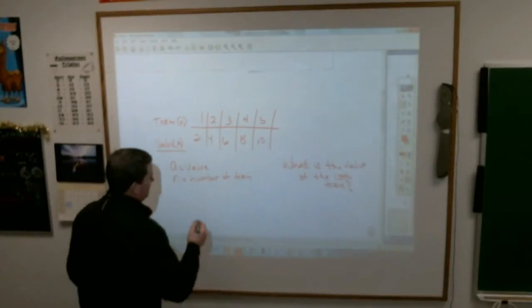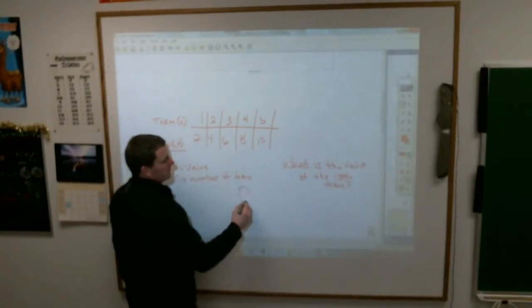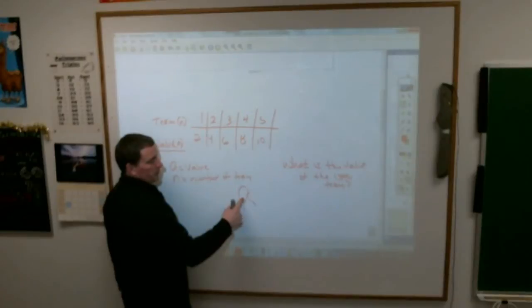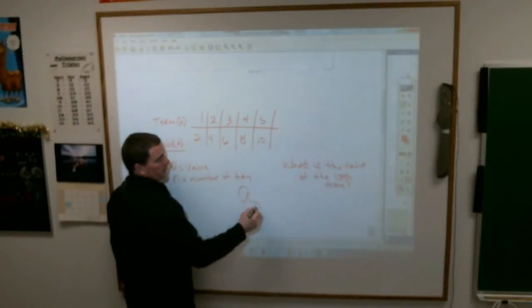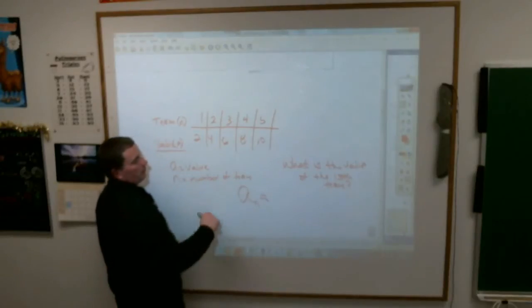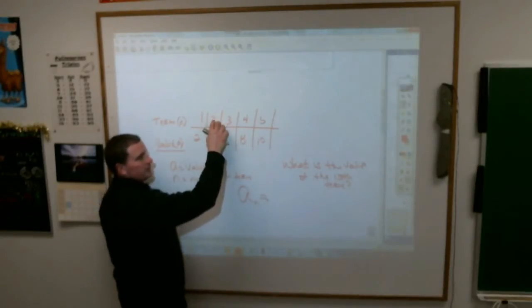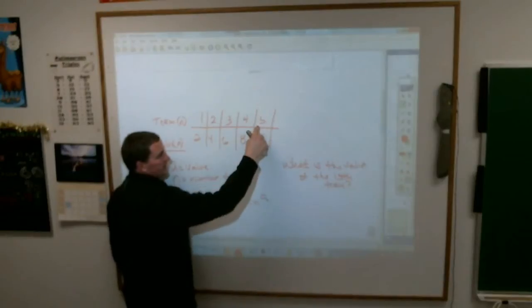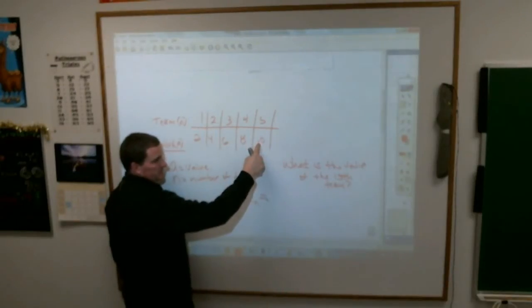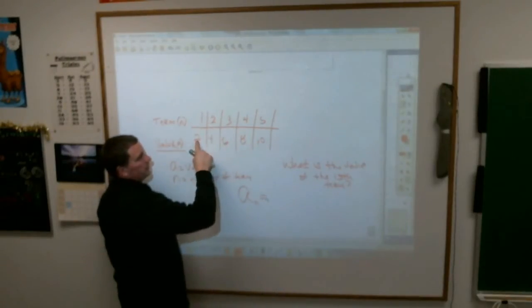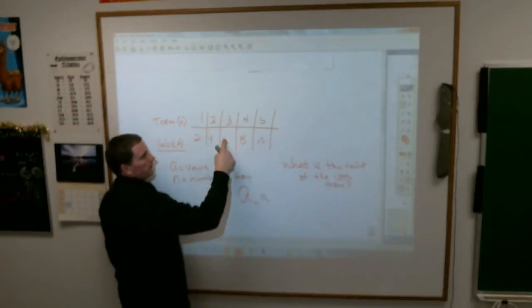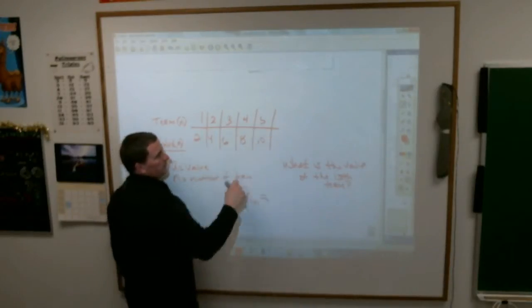Here's what it would look like. The formula looks like this. The value, which is what I'm looking for, of this term, equals, what would I have to do to the letter n? What do I do to this line to get this line? Well, look at it. How do you go from 1 to 2? How do you go from 2 to 4? From 3 to 6? From 4 to 8? From 5 to 10?